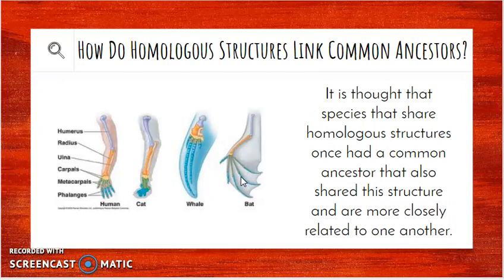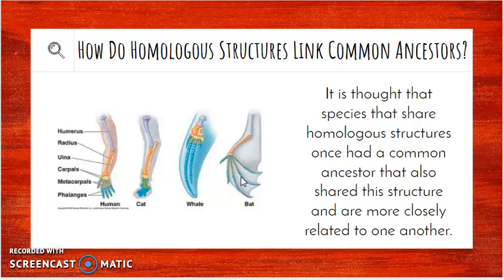So as we look at this, it's thought that species that share these homologous structures once had a common ancestor, although the more closely those structures are alike, the more closely related they are to one another. So looking at the human, the cat, the whale, and the bat, they all have very similar structures.